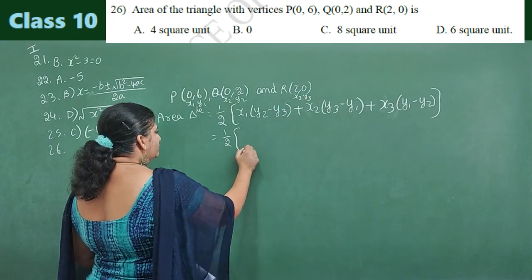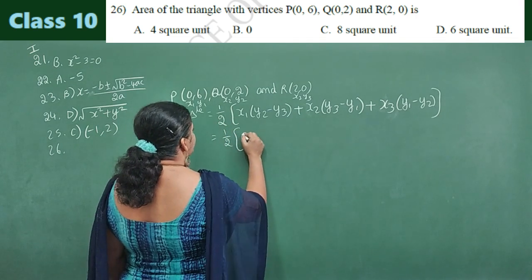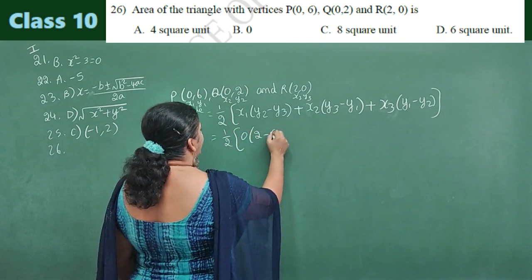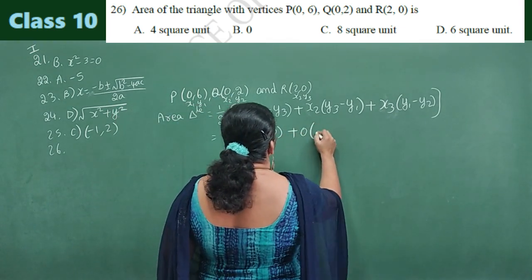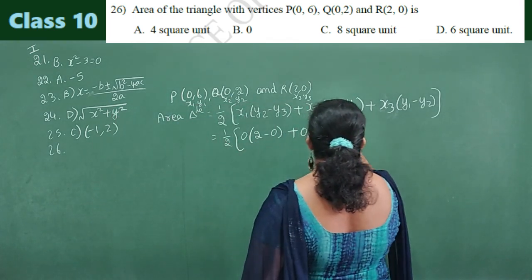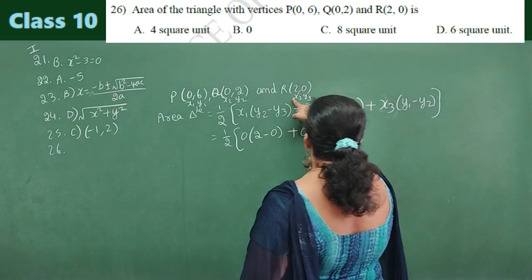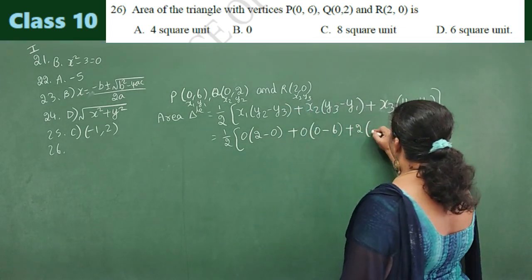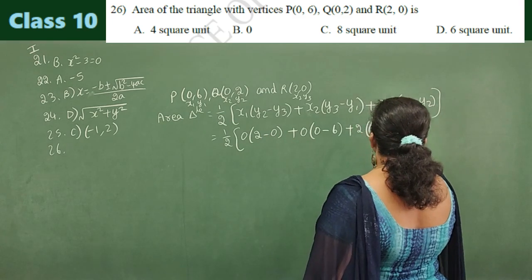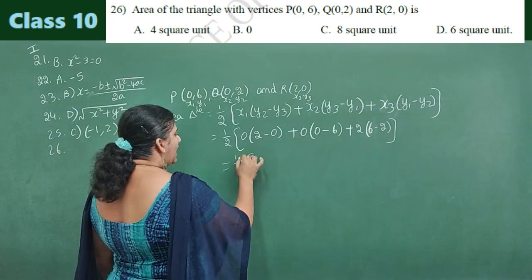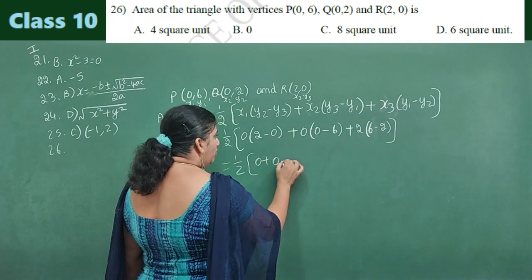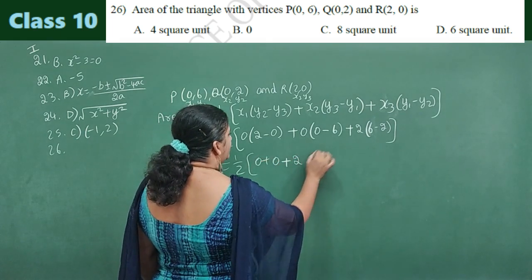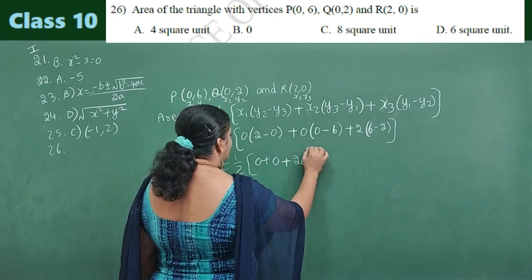Half into, substitute the values: 0 into (2 minus 0) plus 0 into (0 minus 6) plus x3 value is 2, 2 into (6 minus 2). Half of 0 into anything, 0, plus 0 plus 2 into (6 minus 2), 4.